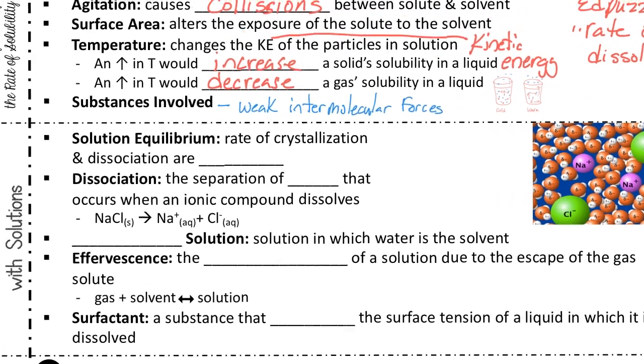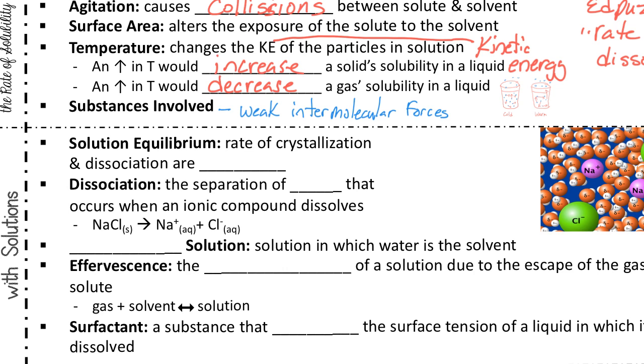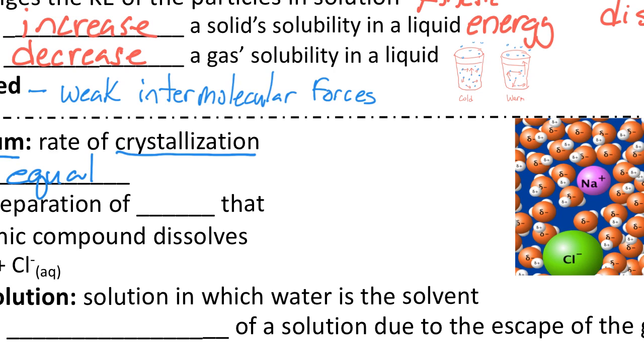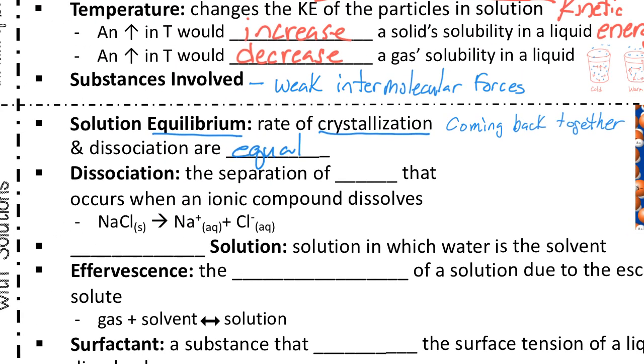Solution equilibrium: it's going to reach equilibrium when the rate of crystallization and dissociation are equal. We can think of crystallization as being particles coming together or coming back together, where dissociation is the separation of ions.